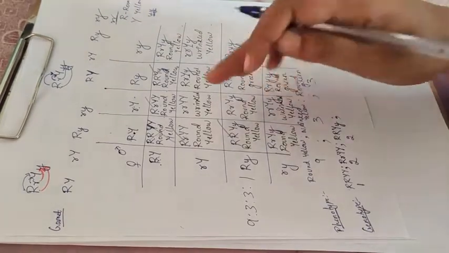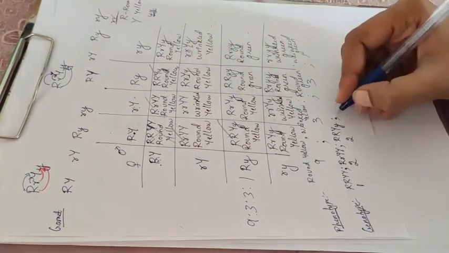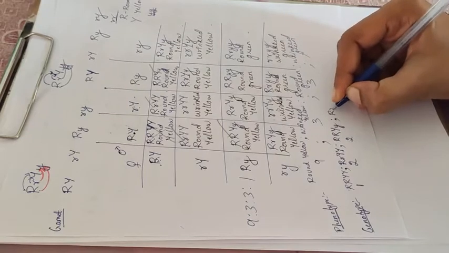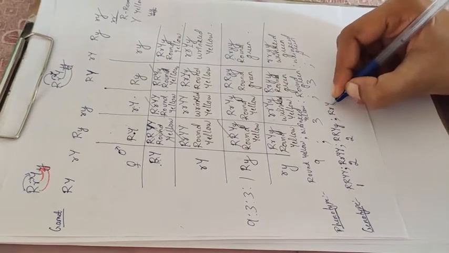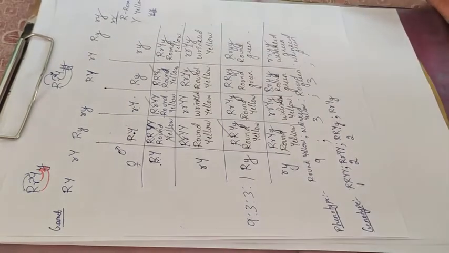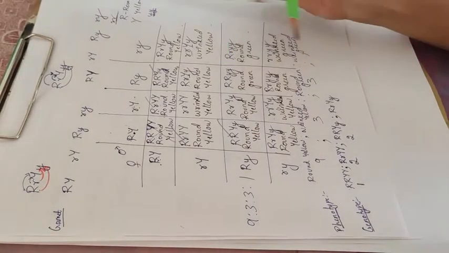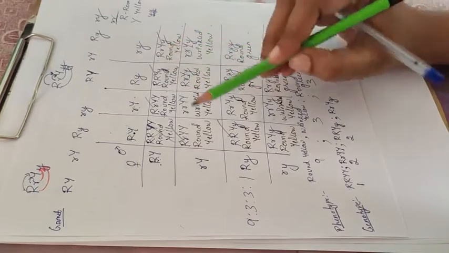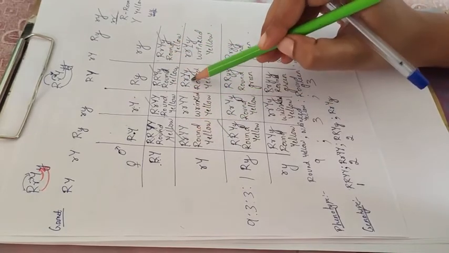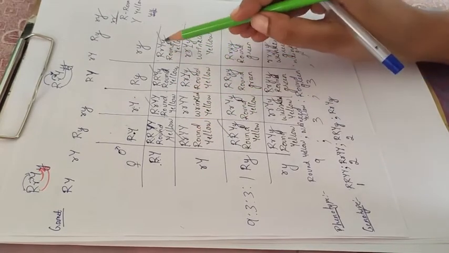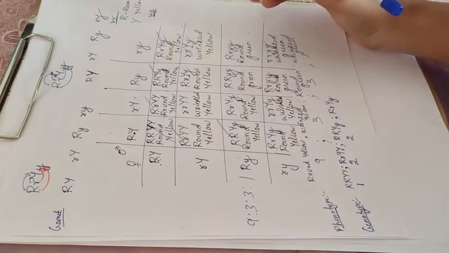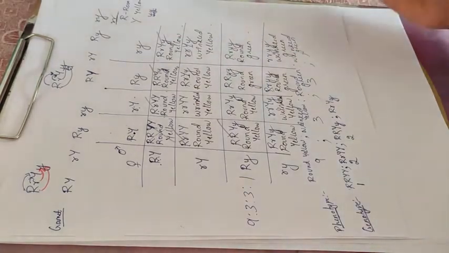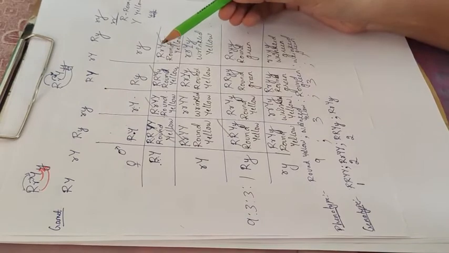Now, moving on. This one we have to take. Capital R, small r, capital Y, small y. So, how many of them are like this? One is this one. Capital R, small r, capital Y, small y.